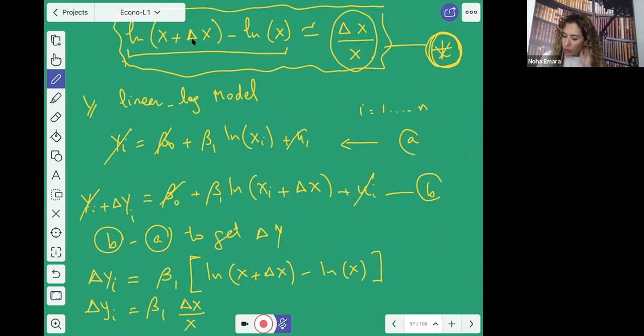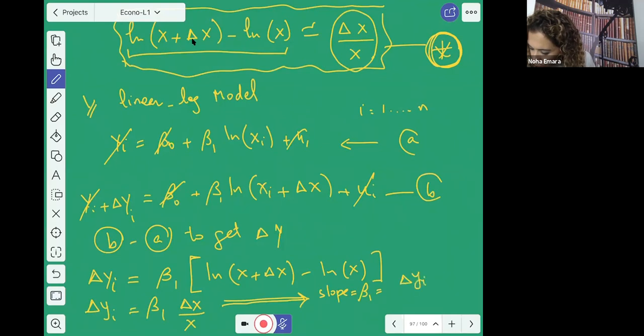And now we come to the final point, which is my interest: what about the slope? The slope, which is beta 1, is equal to, just solve for beta 1, the change in yi because of the percentage change in xi.